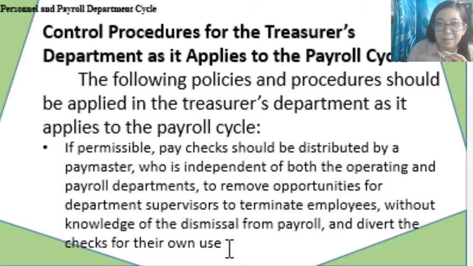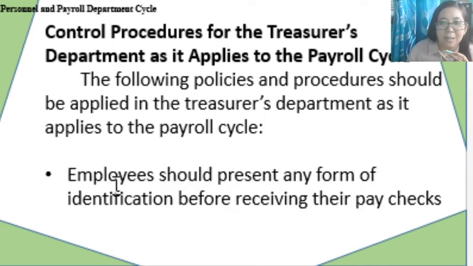Those things will occur. So that's why a paymaster should be employed for the purpose of distributing the salaries and wages of the employees. Next, employees should present any form of ID before they will receive their paychecks.